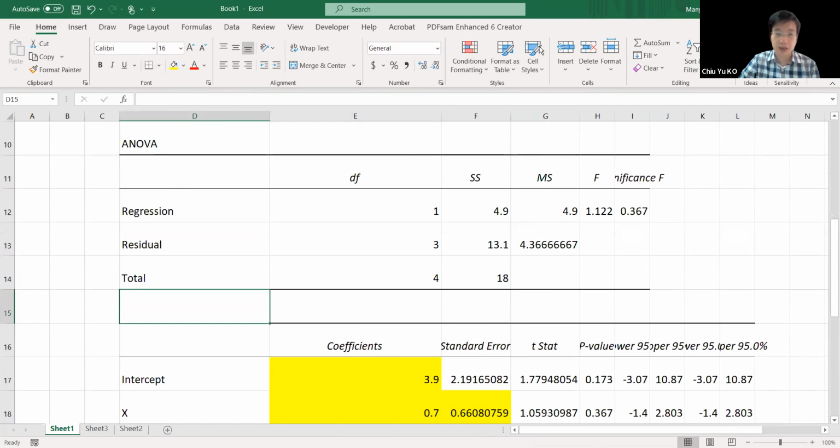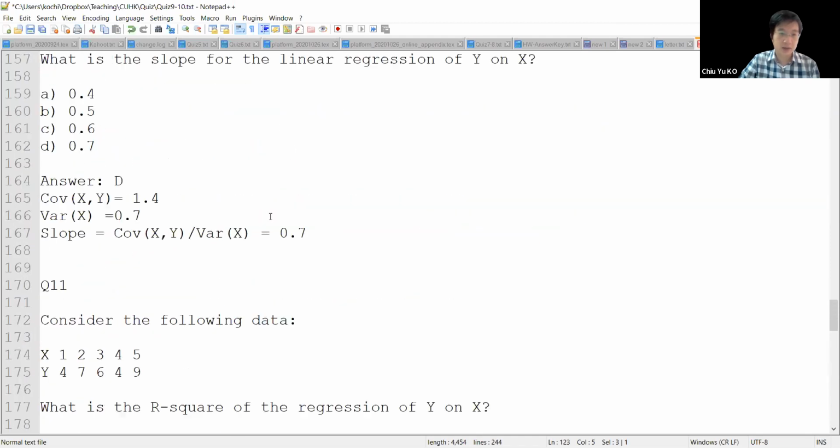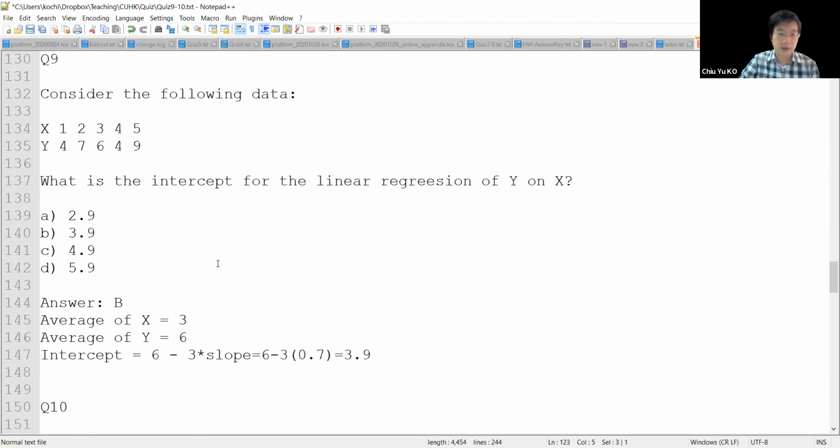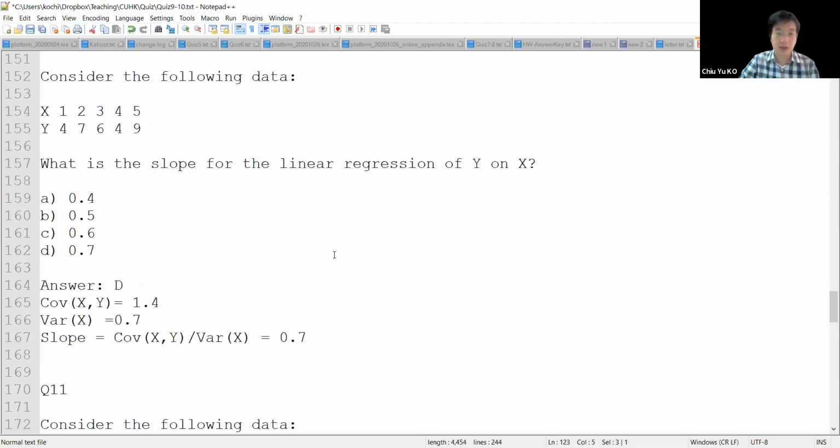But of course, all of them can be calculated directly. Say you calculate the intercept: you can calculate x-bar and y-bar. The slope is 0.7, and you can calculate it by hand. The slope is the covariance over the variance, which is 0.7. So that's how you can derive it on the spot if you want.